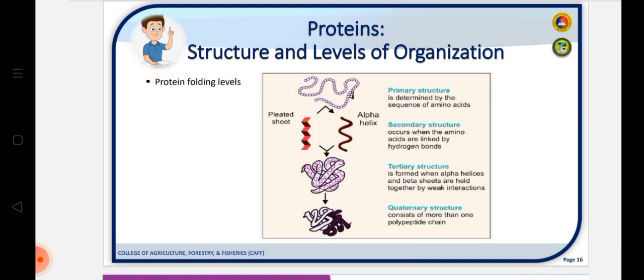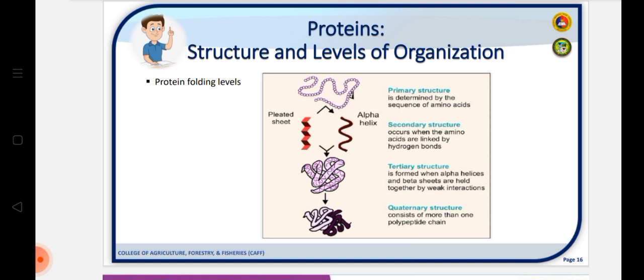The secondary structure. Here, the chain begins to fold locally into alpha helices and beta sheets, stabilized by hydrogen bonds. These patterns give proteins their initial shape and mechanical properties.